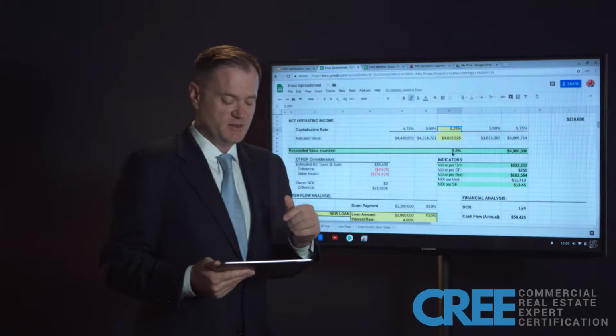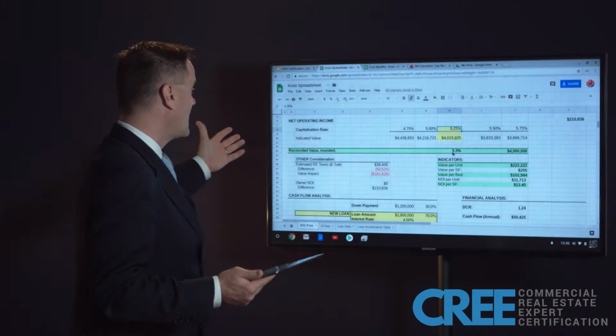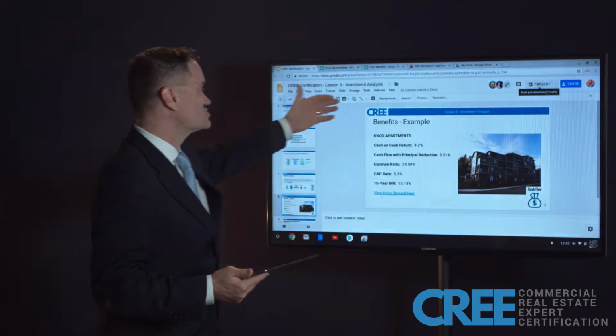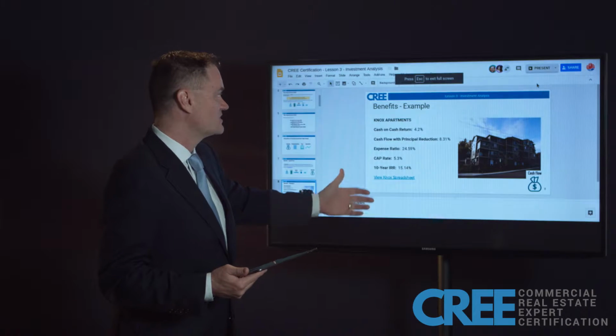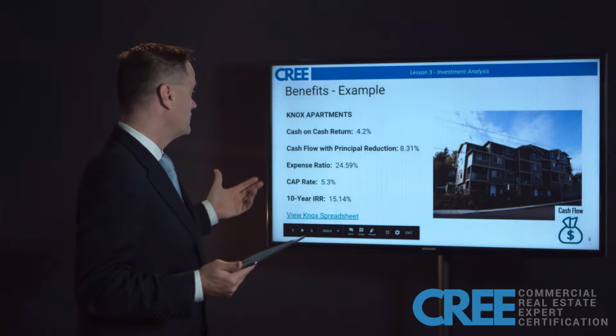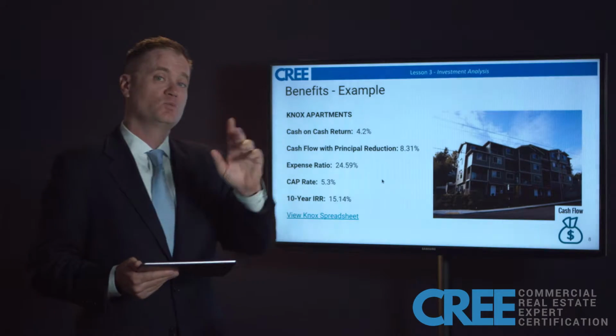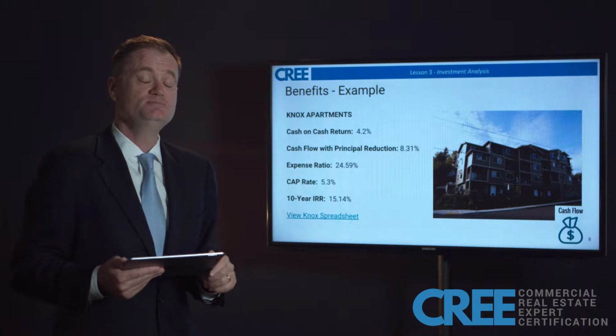And so as we go back to the main slide, you're going to see that these different summary calculations are all coming from that spreadsheet. And so we're pulling that information out. I didn't show you the internal rate of return, and we're going to get to that a little later in this session.